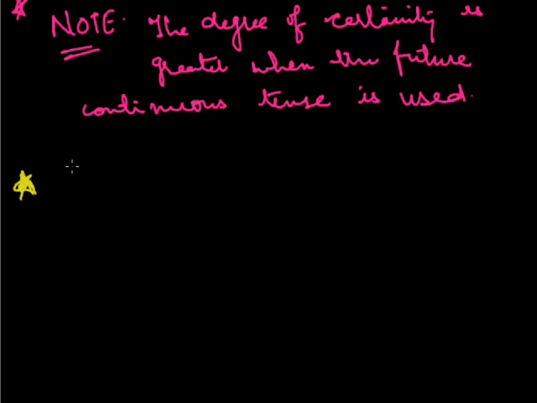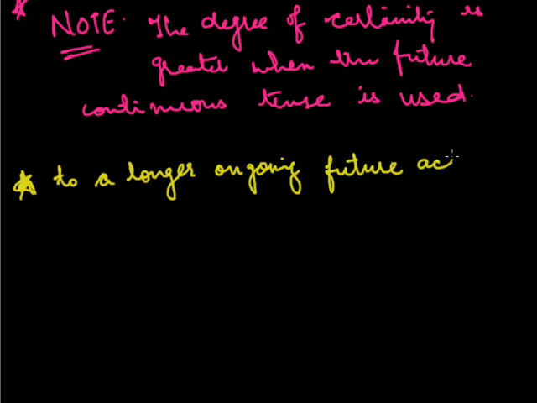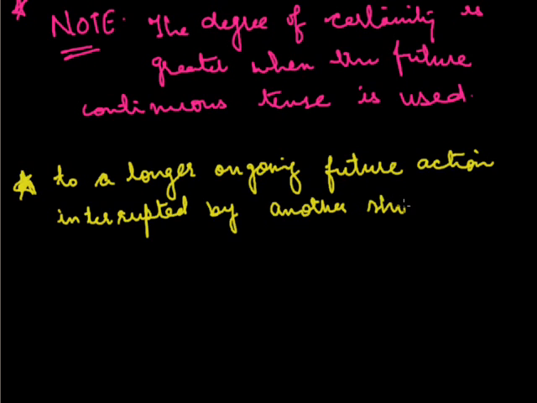Then next, to refer to a longer ongoing future action interrupted by another shorter future action. Shall I write? To a longer ongoing future action interrupted by another shorter future plan, right?